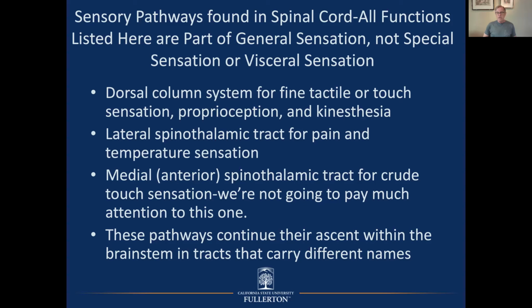These pathways continue their ascent within the brainstem. After they get above the spinal cord, they continue in the brainstem. So we'll trace them all the way up to the post-central gyrus. But you'll note when we get to the brainstem that the names of the pathways change a little bit. So we'll look at that.